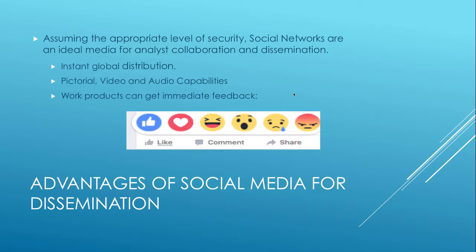Furthermore, the nature of social media being interactive and two-way also facilitates the quality of the work product.